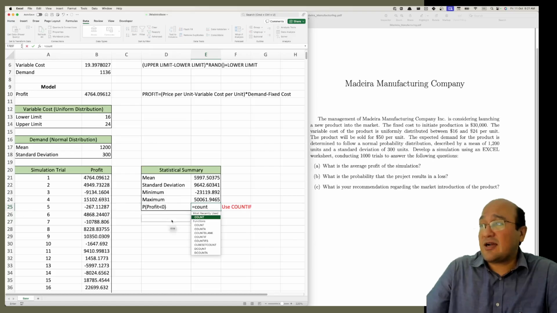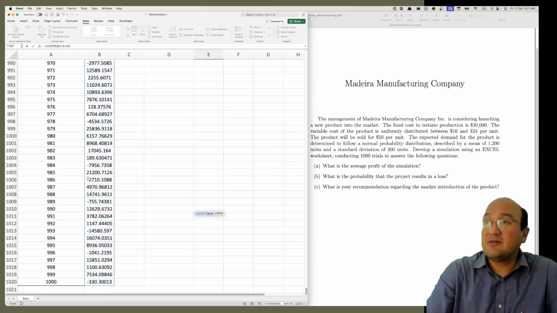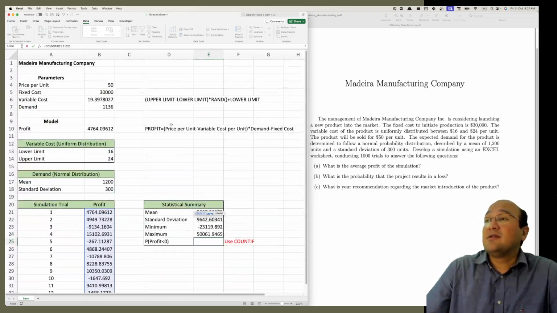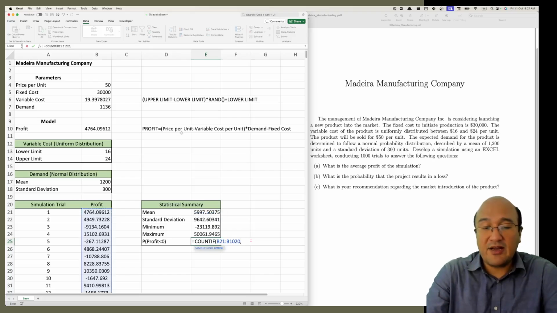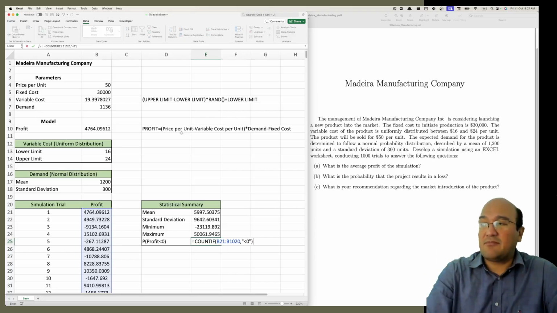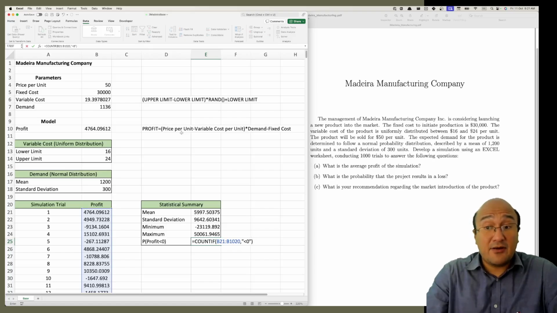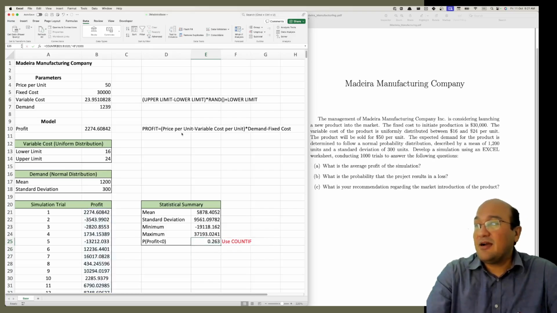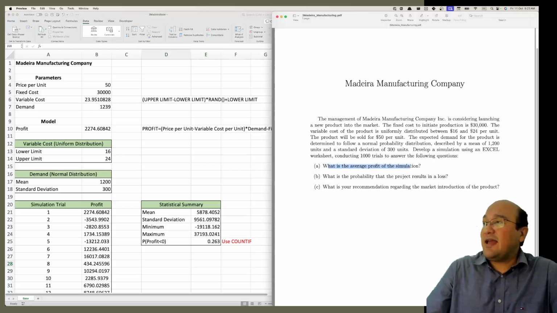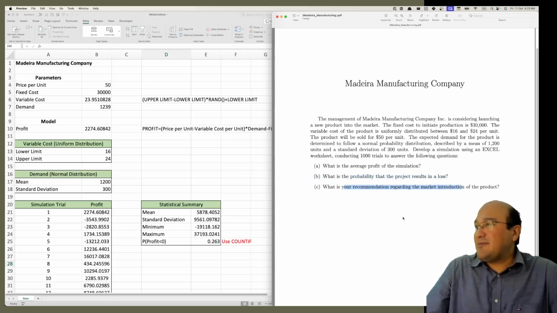So we have to use a conditional count, COUNTIF, of all the profits. Let's go to the command, and we have to give the criterion less than 0. You could give other numbers, and then we divide it by 1,000 because we are calculating the relative frequency, and we have 0.263.